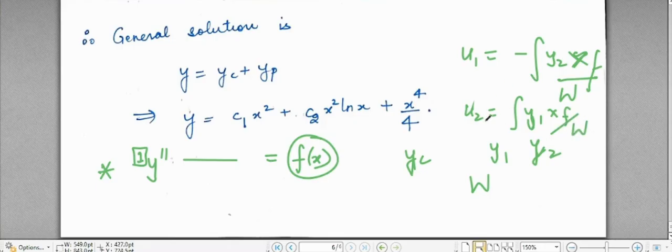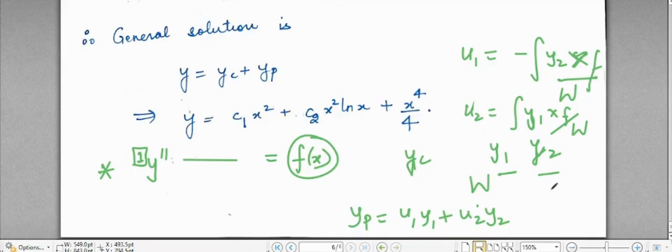And after you calculate u1 and u2 and you have your y1 and y2, the yp is given by u1 y1 plus u2 y2. So that's how you calculate your y1, y2, Wronskian and then yp, and using yc and yp, the general solution is given by y equal to yc plus yp.